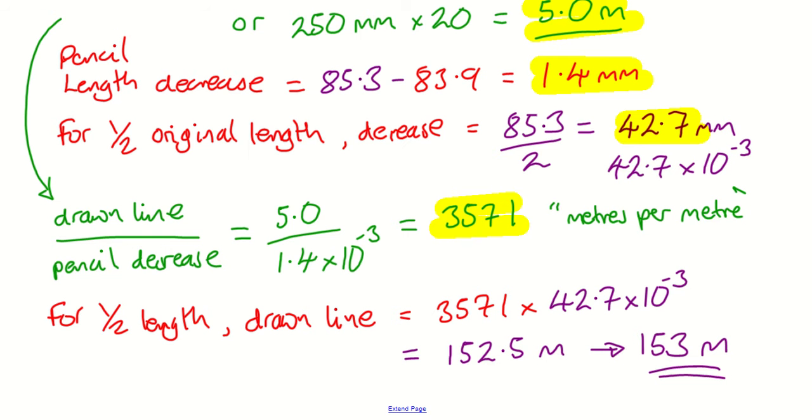Well, I'm not wearing it down by a metre, I'm only wearing it down by 42.7 millimetres. So it's not a whole metre, it's that much. I multiplied the 3.571 by the 42.7 and I get 152.5 metres. Call it 153 metres, and that's their answer.